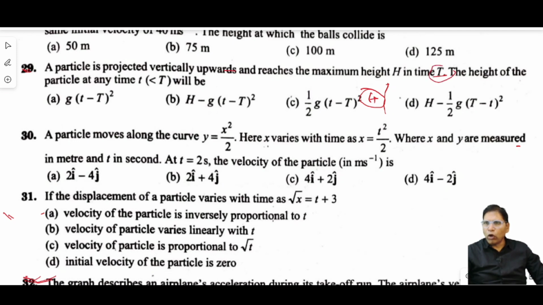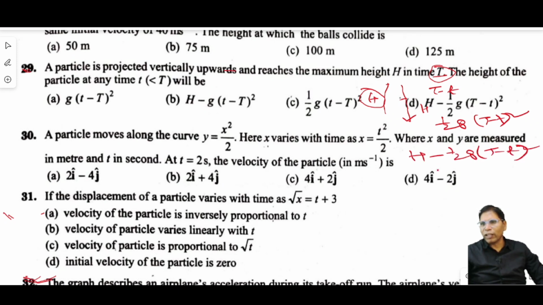So t is also the time of fall. So in time t the height fallen is H, and in time T minus t the height fallen is half g into (T minus t) the whole squared. So the height ascended in time t is H minus half g (T minus t) the whole squared. Option D is correct.